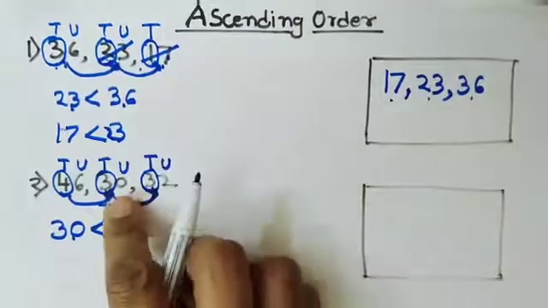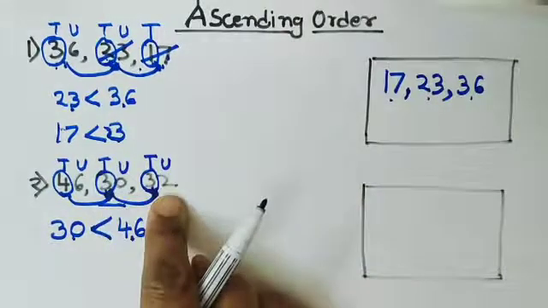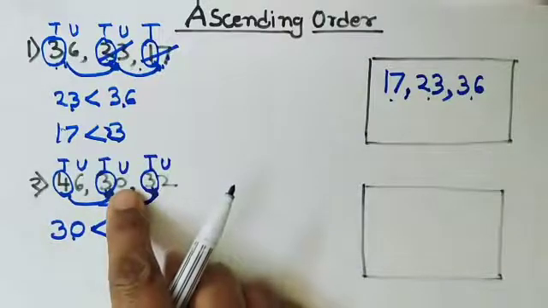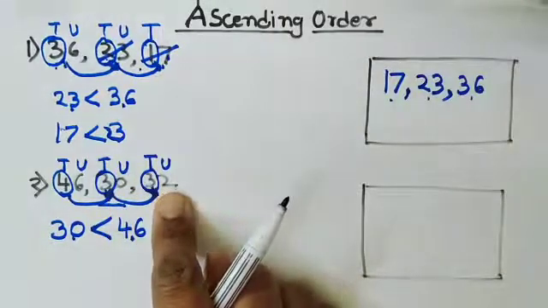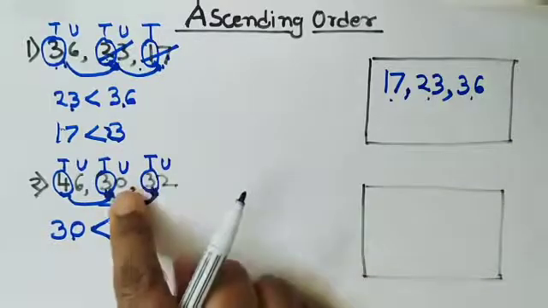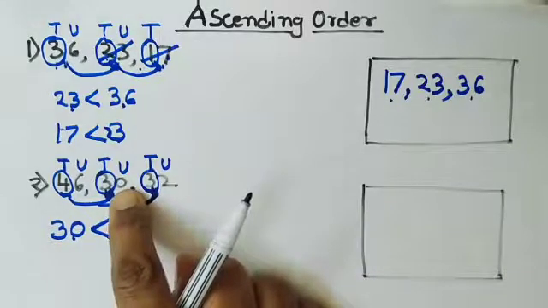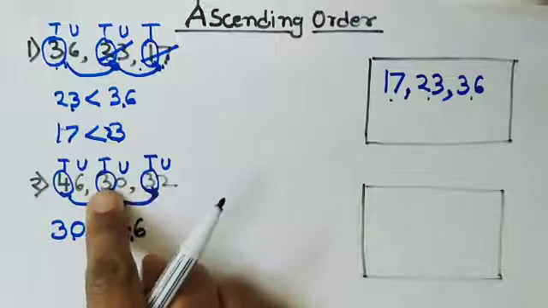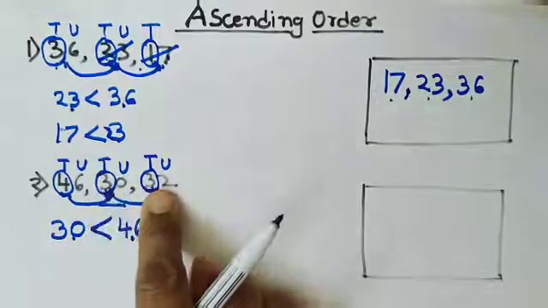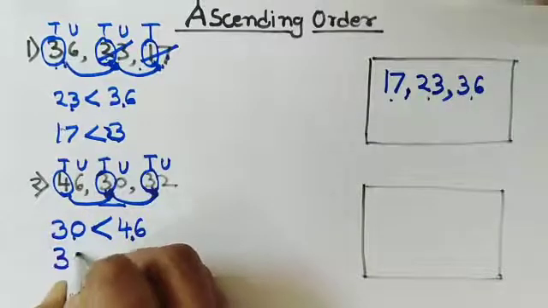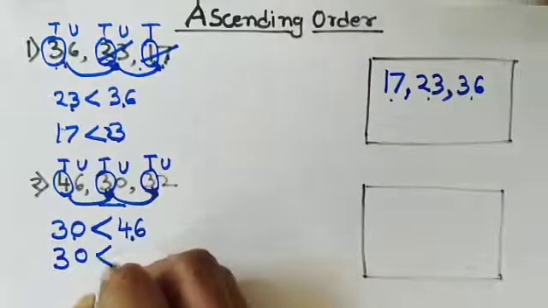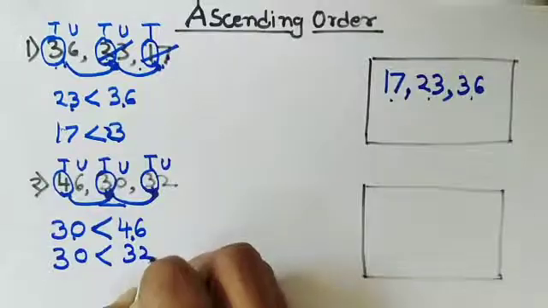Here we have 0 at the units place, and here we have 2. Out of these 2, 0 is smaller, means 30 is smaller than 32. So we will write here 30 is smaller than 32.